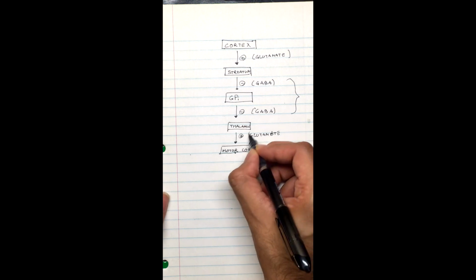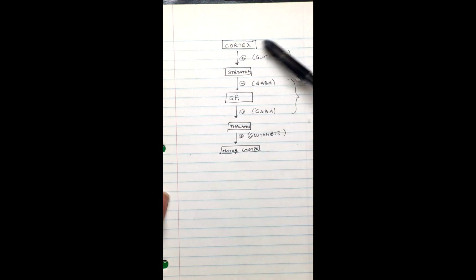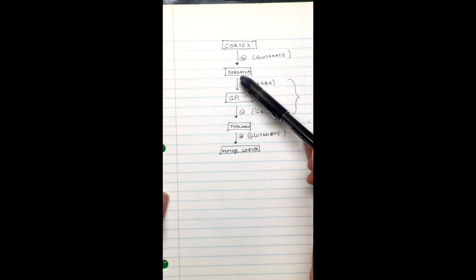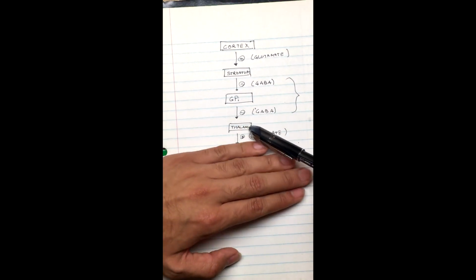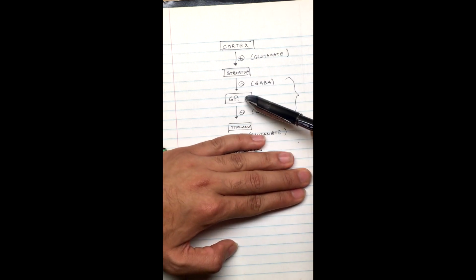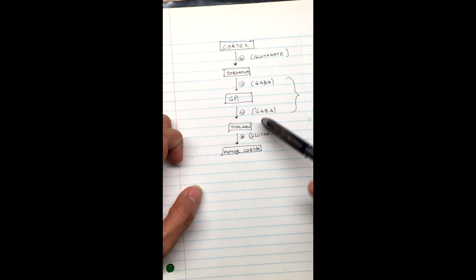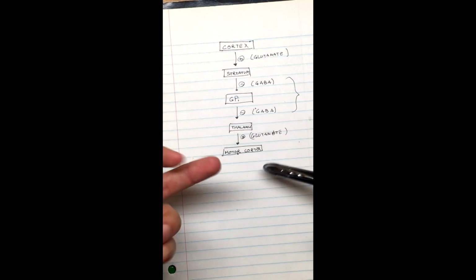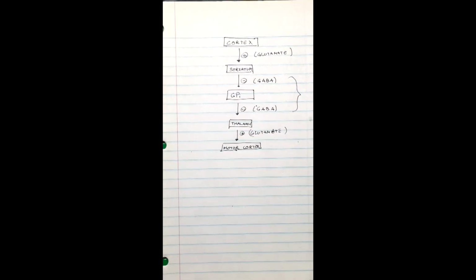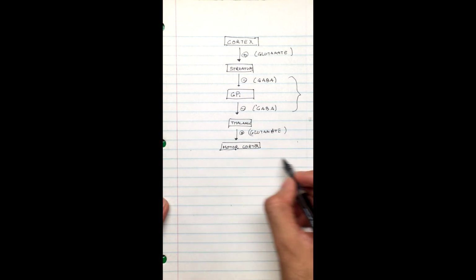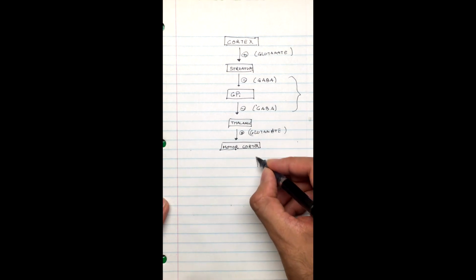Okay, so just as a review, the cortex is going to excite the striatum, which is going to inhibit the Globus Pallidus, which is already inhibiting the thalamus. But if you're inhibiting something that's inhibiting the thalamus, you're going to excite it. You're going to really excite it, and then it's eventually going to excite the motor cortex. So ultimately, at the end, you're activating the motor cortex.